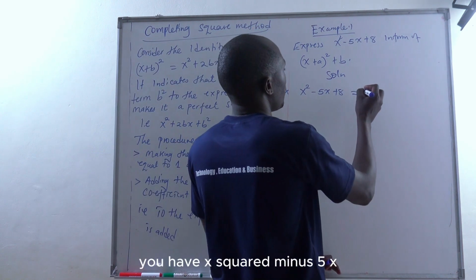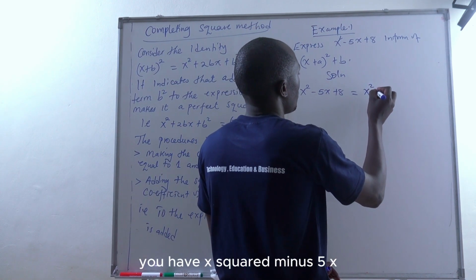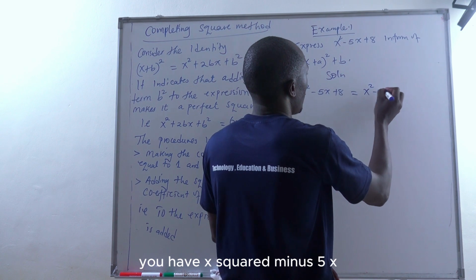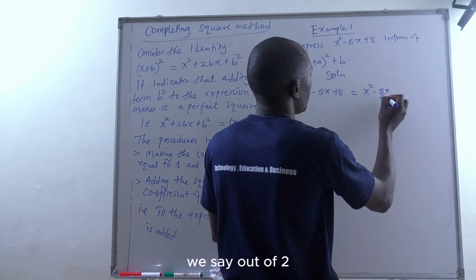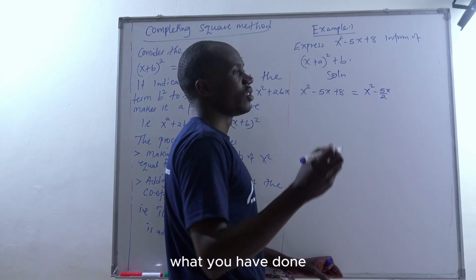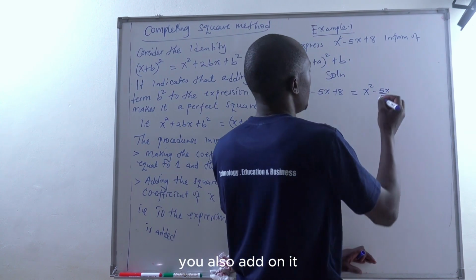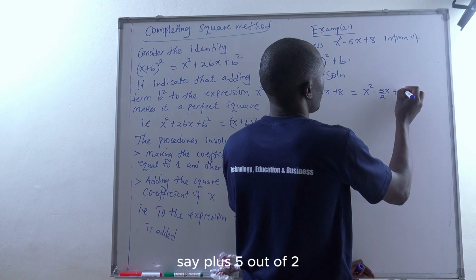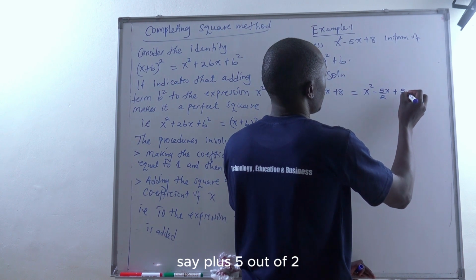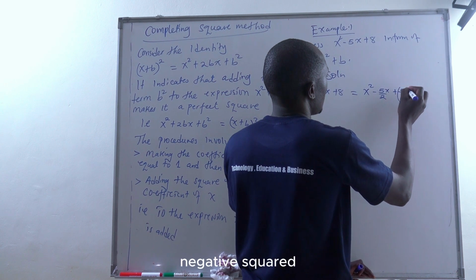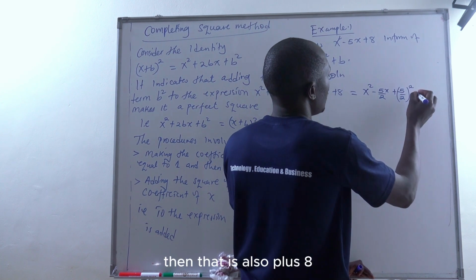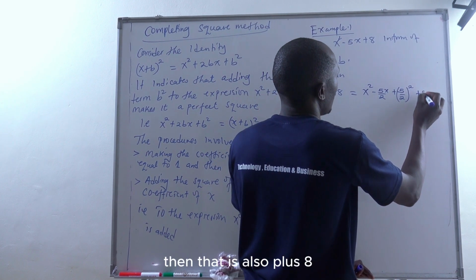So what we're going to have is x squared minus 5x, we say out of 2. What you have done, you also add plus 5 out of 2, the whole of it, but then it is negative, so we say plus that negative squared, then there is also a plus 8.